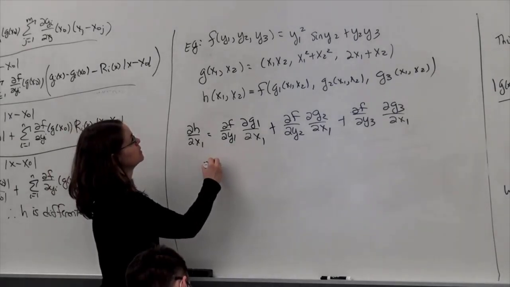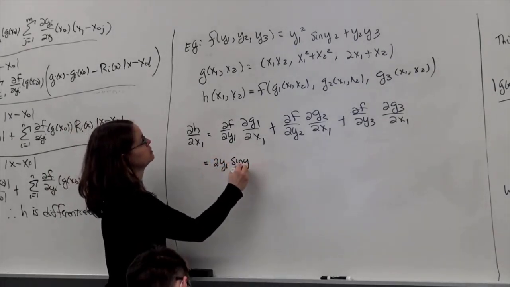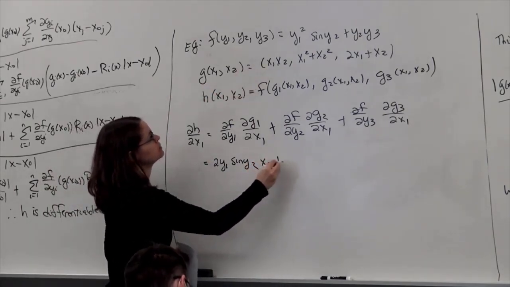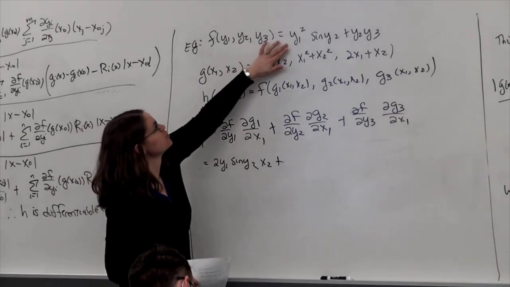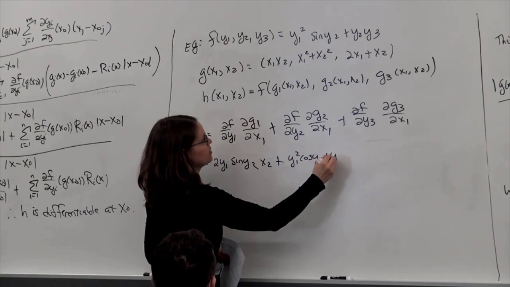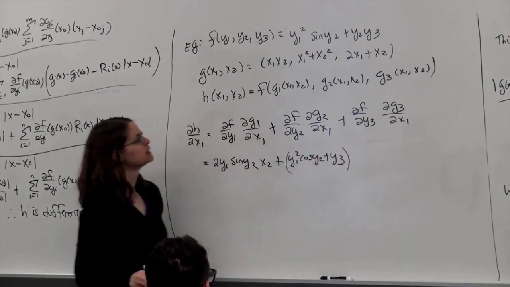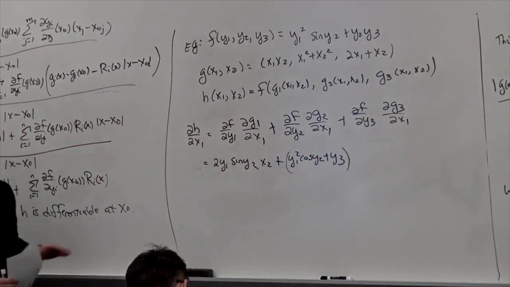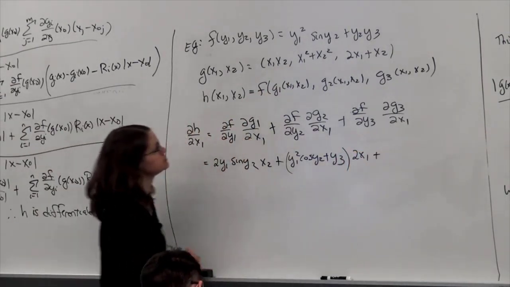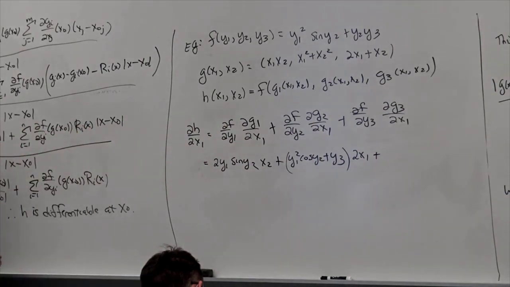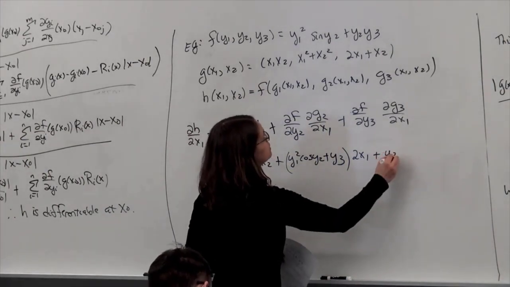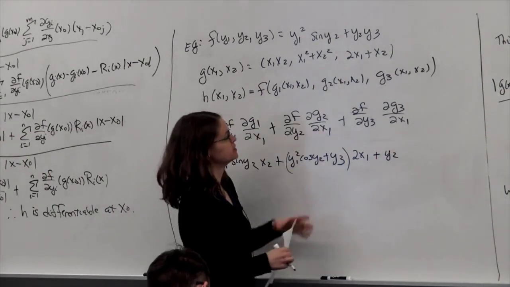So we get 2y1 sine y2. Take the derivative of the first component, we get an x2. Partial with respect to y2 is going to be y1 squared cosine y2 plus y3. Derivative of the second component, 2x1. Derivative with respect to y3 is y2. And derivative of the third component is 2.